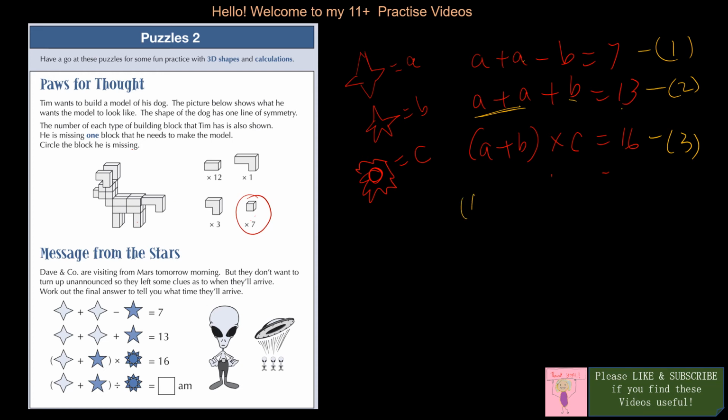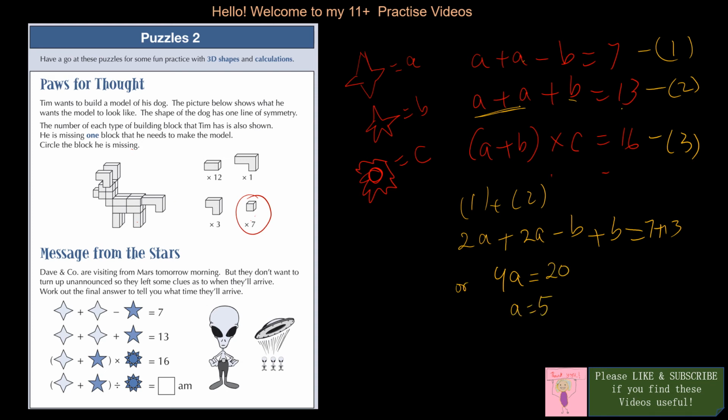So if you do 1 plus 2, you get 2A plus 2A minus B plus B equals 7 plus 13. So 4A equals 7 plus 13, which is 20. So A equals 5.